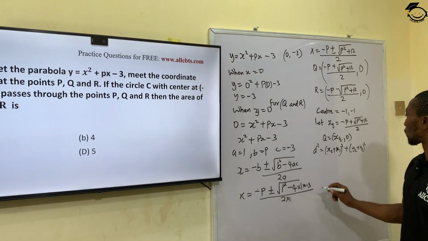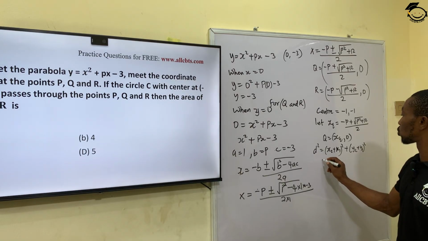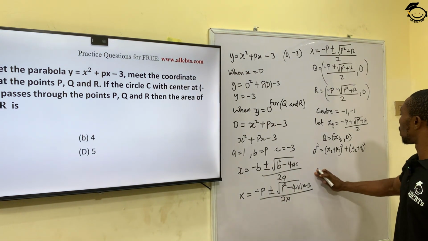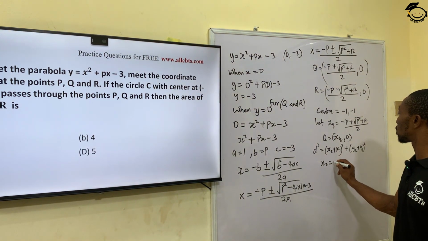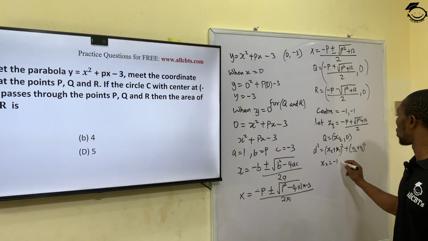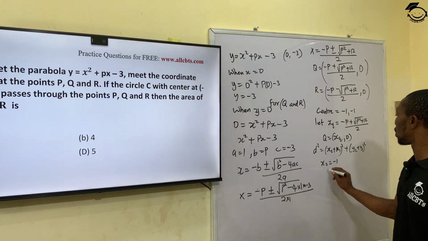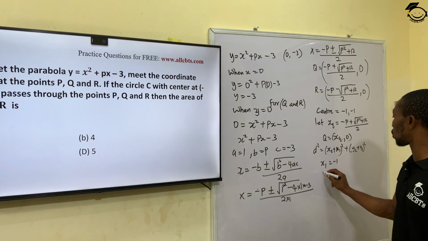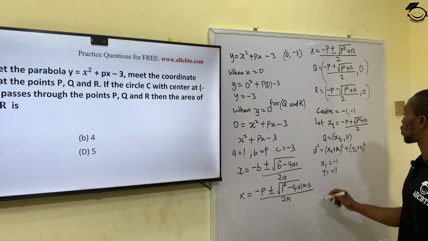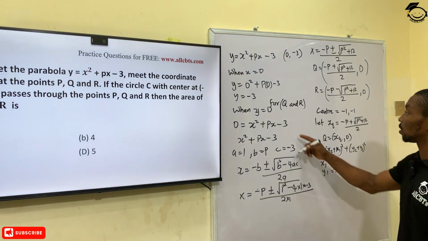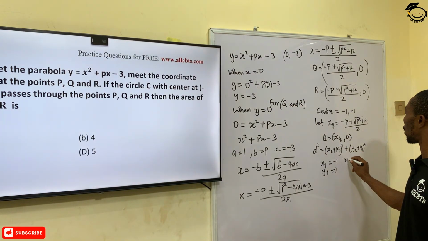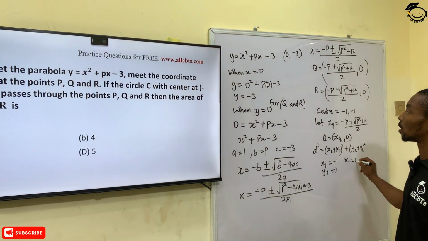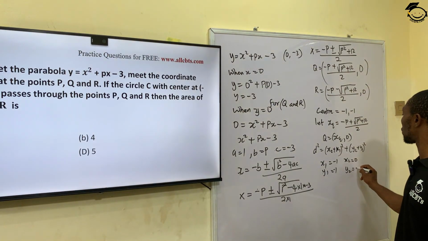Here, x1 is minus 1, y1 is minus 1, which is our center, and we are using x2 as 0 and y2 as minus 3.